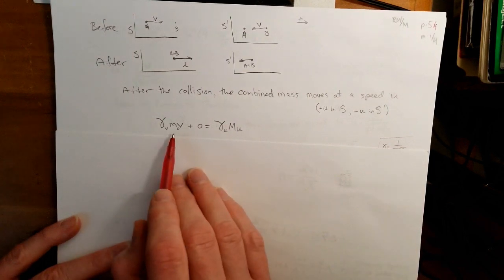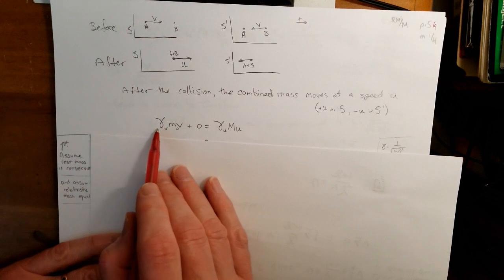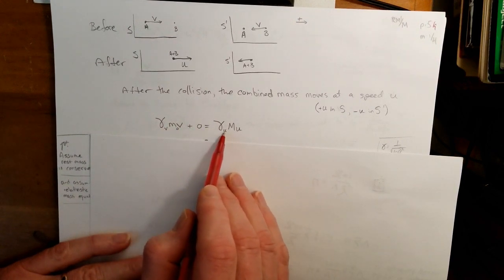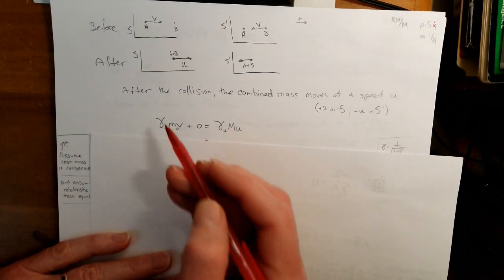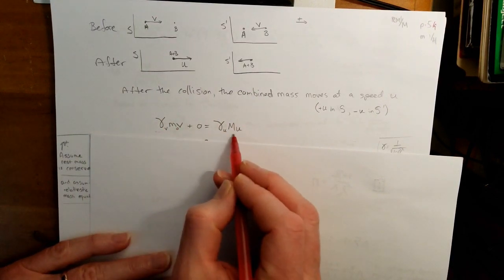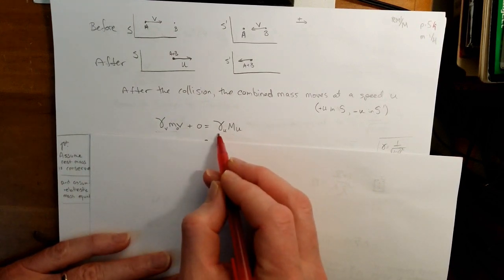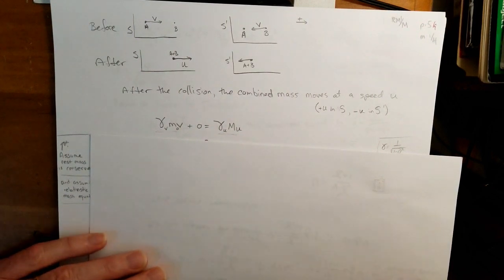So if the rest mass is conserved with the relativistic equation, we have gamma sub v m sub naught v plus 0 is equal to gamma sub u m sub m, which is the combined mass, times u. So this is the relativistic momentum beforehand of A or B, and the relativistic momentum of the combined masses.